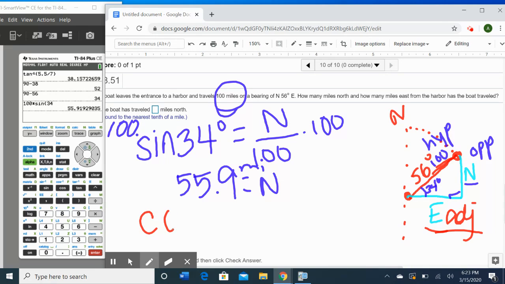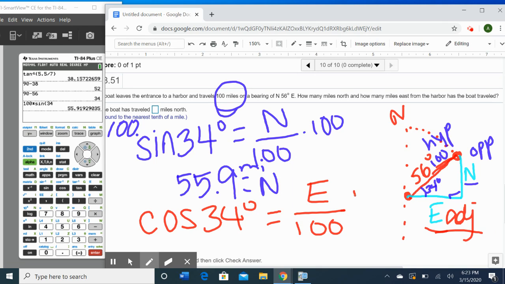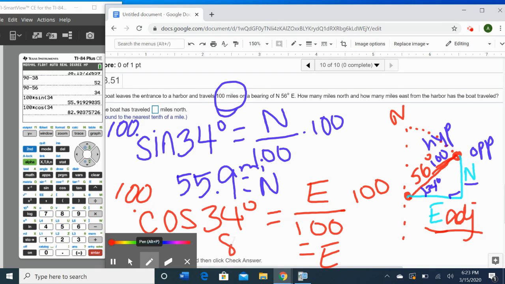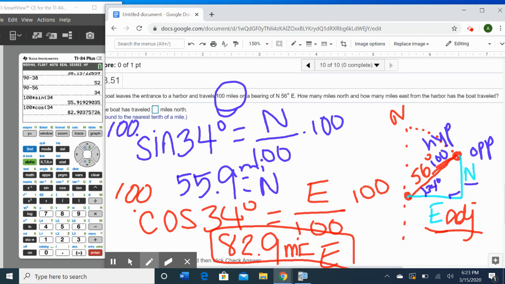I'm going to set up that the cosine of 34 is equal to E over 100. When I multiply both sides by 100, 100 times the cosine of 34, I went 82.9 miles east. This picture is not drawn to scale, but it gives me my two answers.